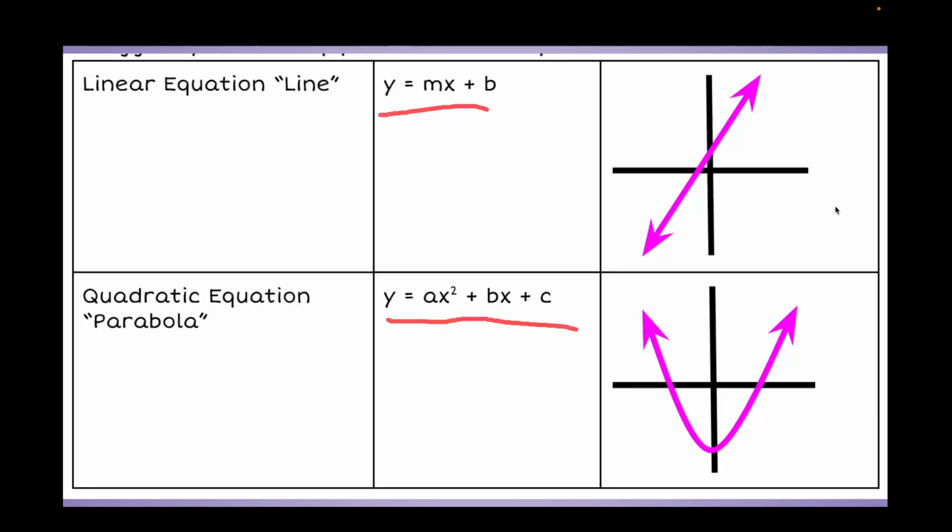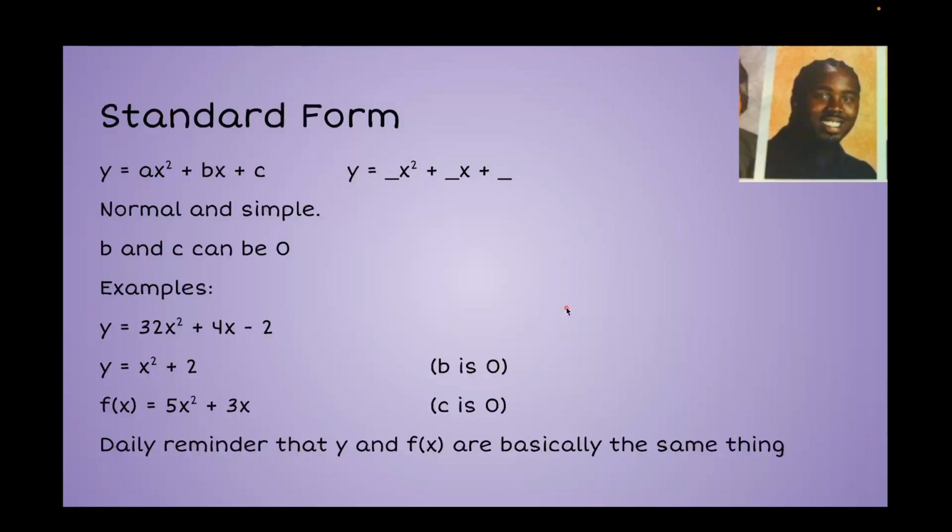Anyways, so these are the equations we're going to be dealing with, and when they look like that, this is them in standard form. So you have this x squared term, you have an x term, a constant term. You could also think of it like this, where I'm putting blanks here, where you can put different numbers.